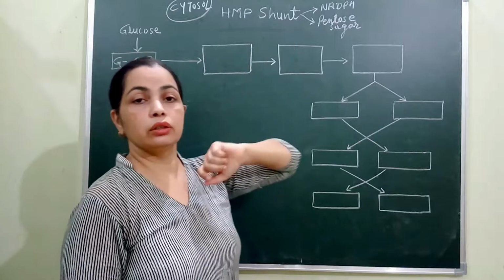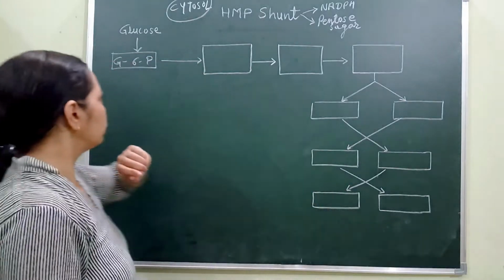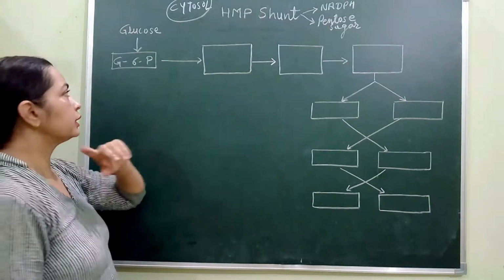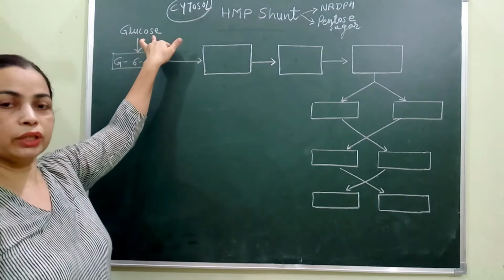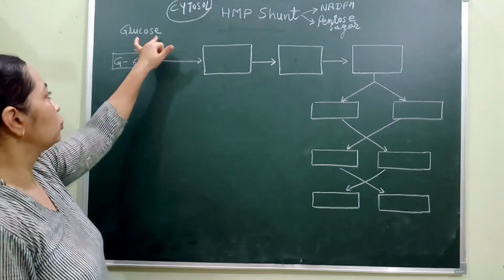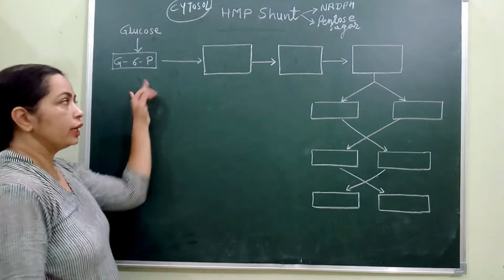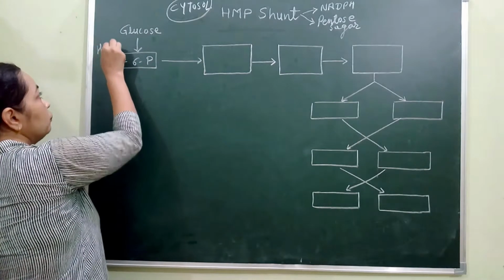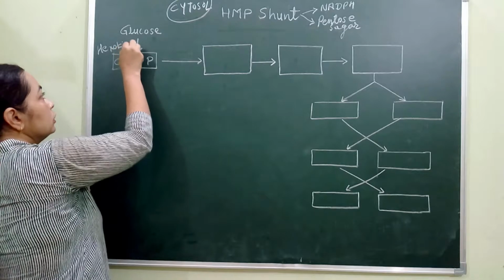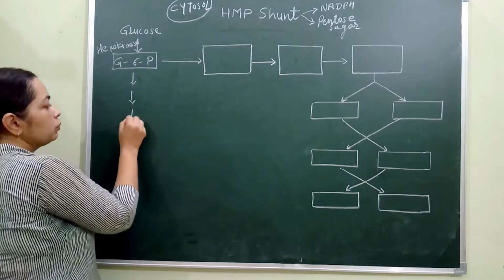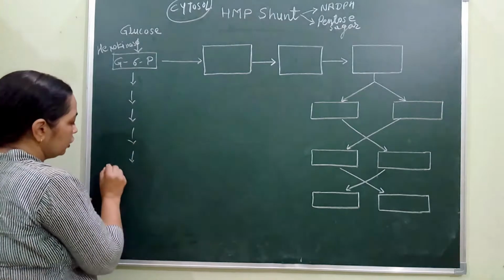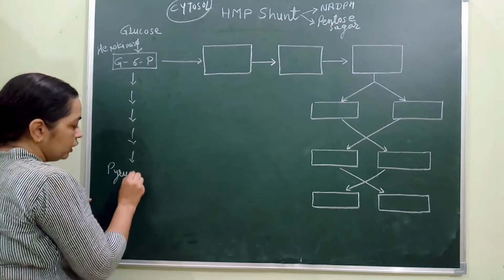So how does the HMP shunt start? Before going to the HMP shunt, let's have a quick look at glycolysis. Glycolysis is a 10-step process in which glucose, in the presence of hexokinase, gets converted into glucose 6-phosphate, and through those 10 steps it gets converted into pyruvate.